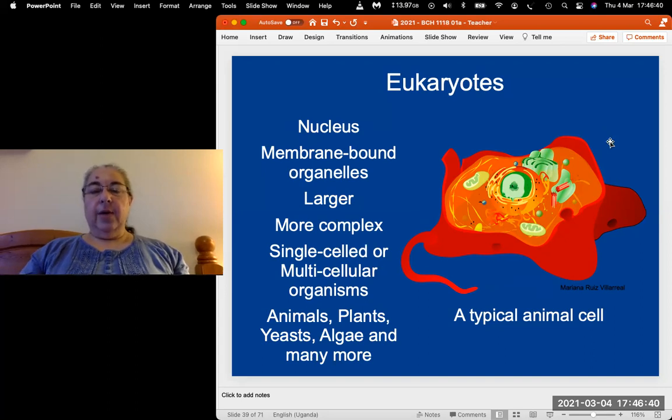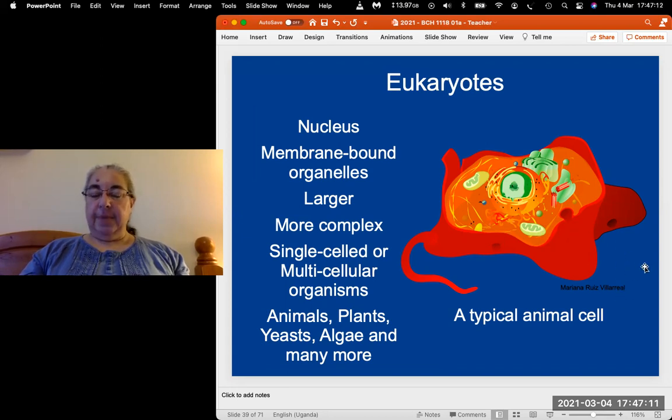Eukaryotic cells tend to be larger than prokaryotic cells, more complex, and can either be an organism by themselves or part of a multicellular organism. So all the living things you see around you, animals, plants, small things like yeasts, algae, fungi, many, many more things that we're familiar with are eukaryotes.